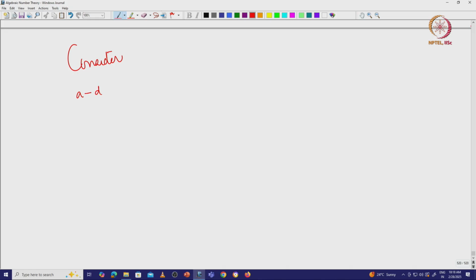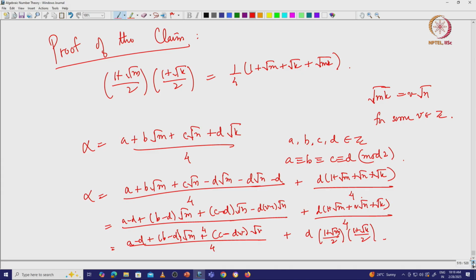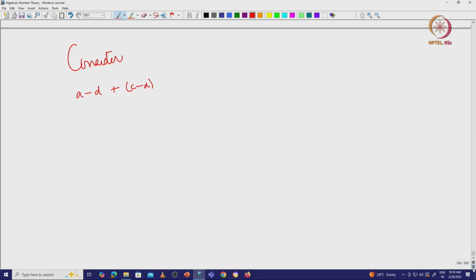So, consider A minus D plus C minus D, I hope I am getting this right, B minus D, not, this should be B minus D square root of M plus C minus dV square root of N by 4. And now you see that A minus D and B minus D are even, right.